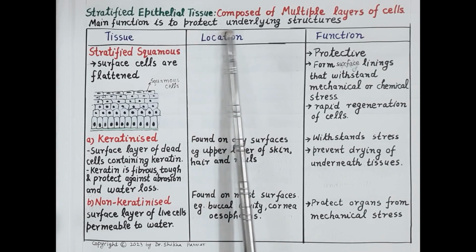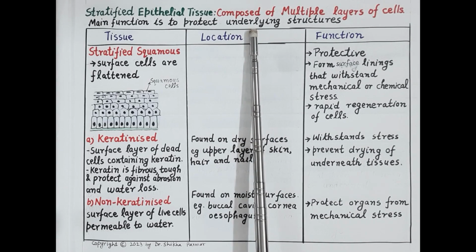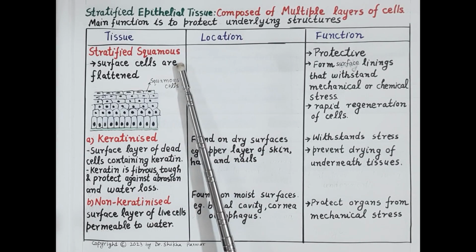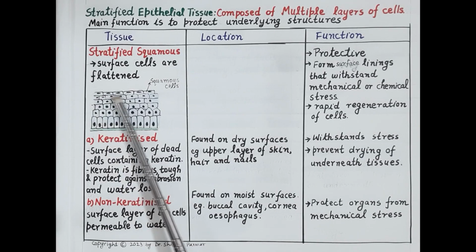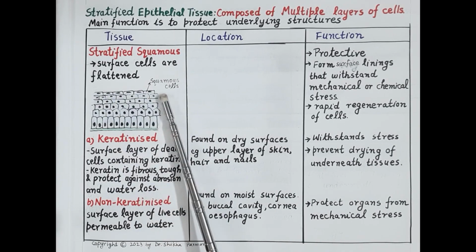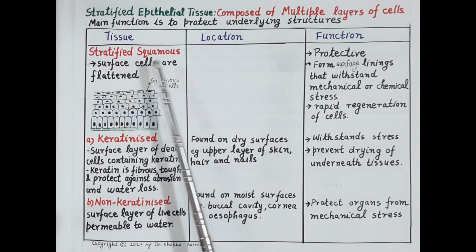It protects the underlying structures, that means the structures present below the surface of the epithelial tissue. These are classified as stratified squamous, stratified cuboidal and stratified columnar based upon the shape of cells in the uppermost surface layer.